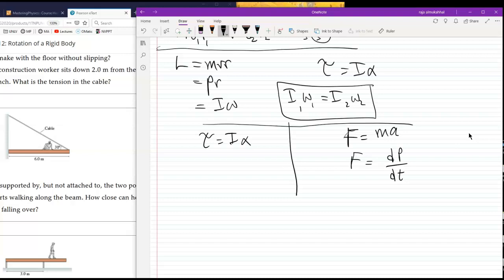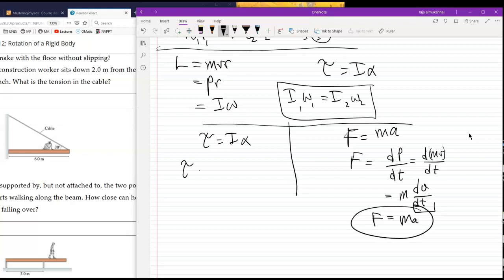The p here being the momentum, so it is d(mv)/dt. If we assume the mass is constant, it becomes m dv/dt, and of course dv/dt is a, so it's just ma, right? You got it?